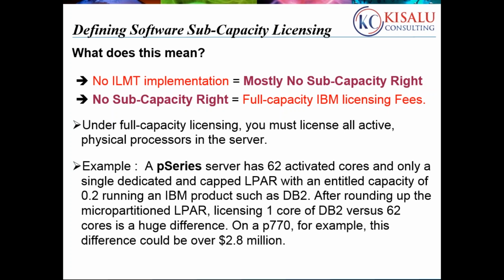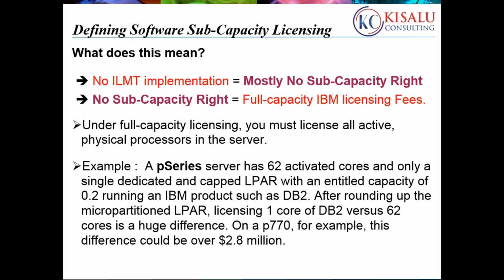As a small example, if we have a P-series machine which has 62 activated cores, and you dedicate and cap one small VM, or LPAR as they call it there, of a unit 0.2 running your IBM software, like let's say DB2. If it is 0.2, they'll round it up to 1 core for the micro-partitioned LPAR. Then you will be licensed at 1 core.